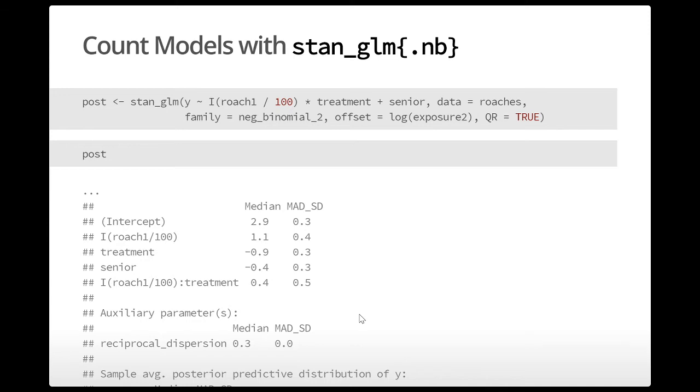And if you're going to just use the default weakly informative normal priors, it is usually a good idea to specify the argument QR equal TRUE. It has to do with a QR decomposition that I'm not really going to get into until we've talked about matrix algebra, but that will usually get better mixing.